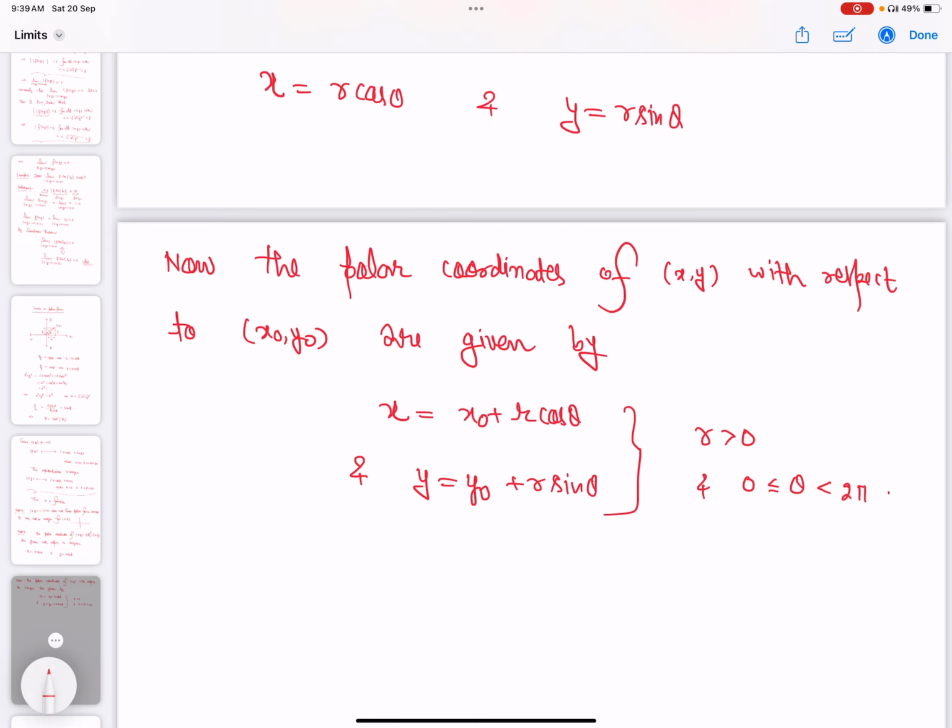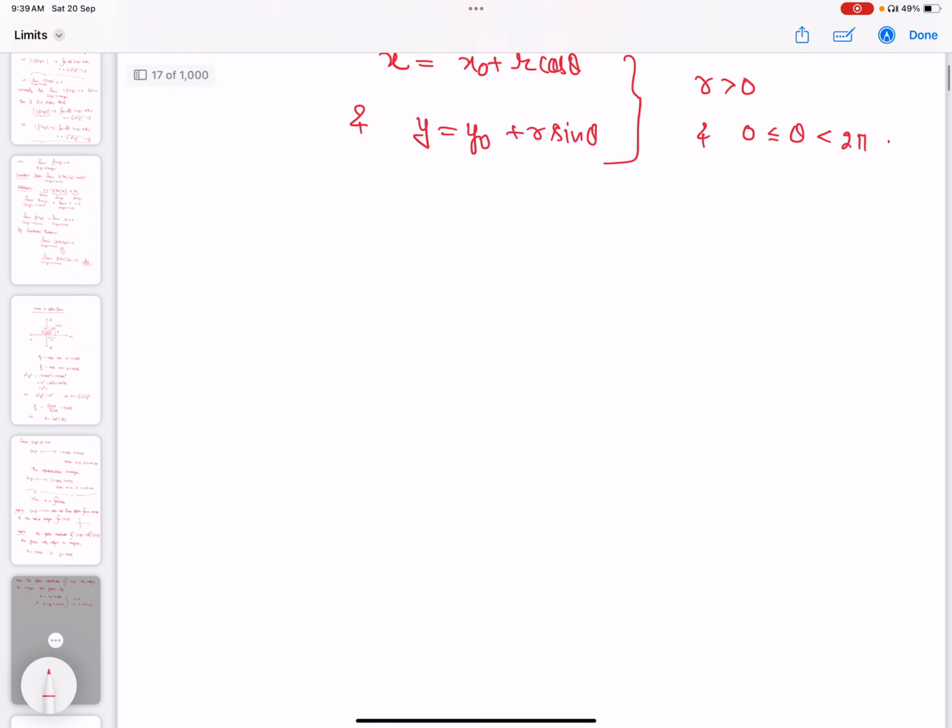Now we are going to define the limits in polar form. Limit definition in polar form.